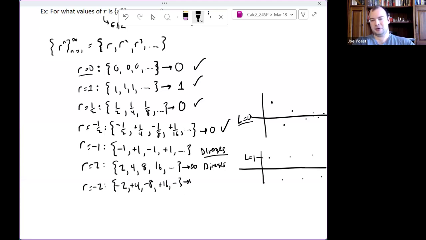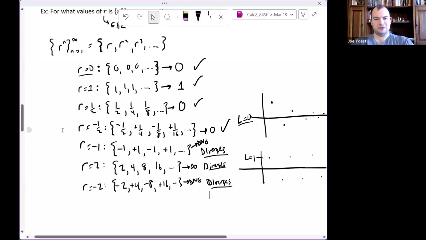This limit does not exist. So in these cases, we diverge. There are 2 ways we can diverge. The limit could fail to exist, or the limit could exist but be plus or minus infinity, not a real number. We diverge there as well.